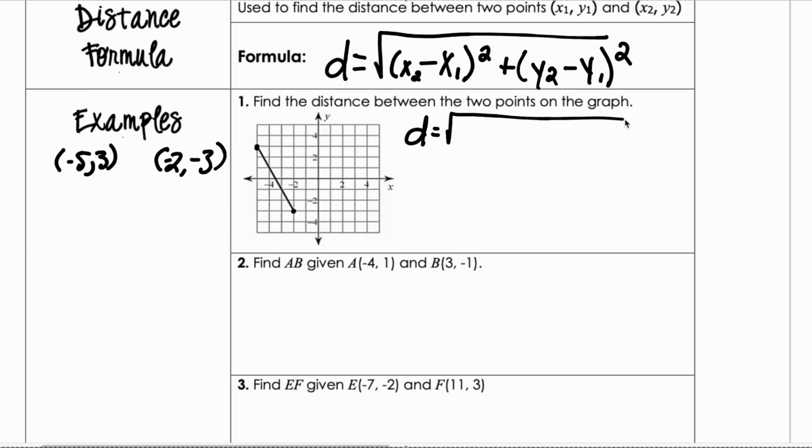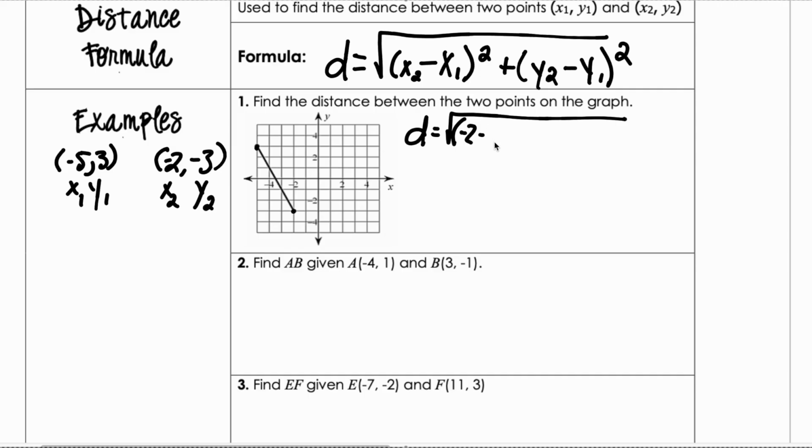So the distance is x2. So this is my x2. Well, if you'd like, we can do this in a way where we know exactly which ones need to be plugged in. So we have -2 minus. And remember, when we plug in something, we're using substitution, right?